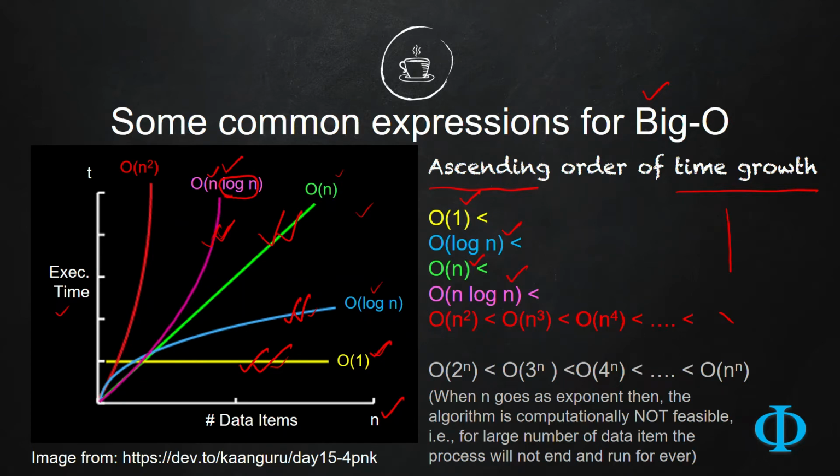The next one is order of n square, which is depicted using this curve. Here the time growth is much faster compared to order of n log n. Until this point, if your algorithm takes order of n square or n cube or n raised to the power 4, or n raised to the power of any constant number, then we call that algorithm a polynomial time algorithm.